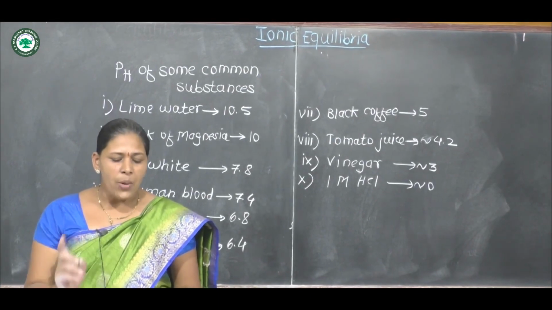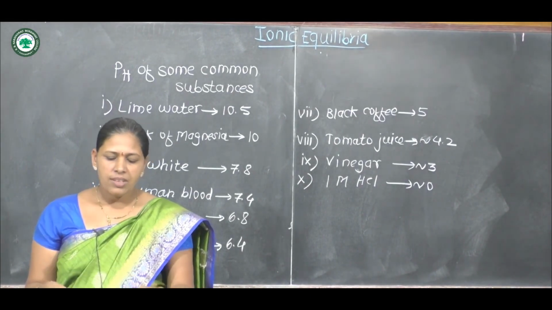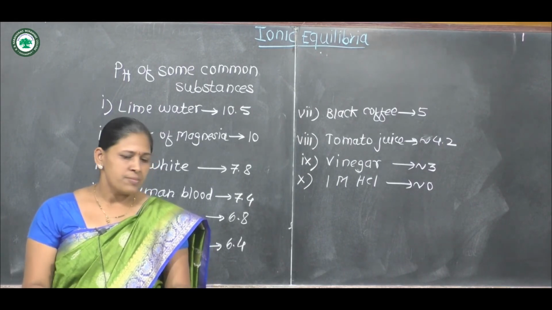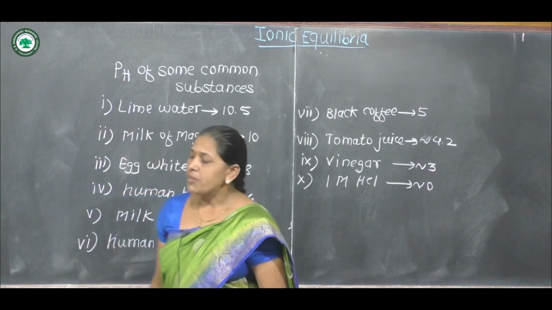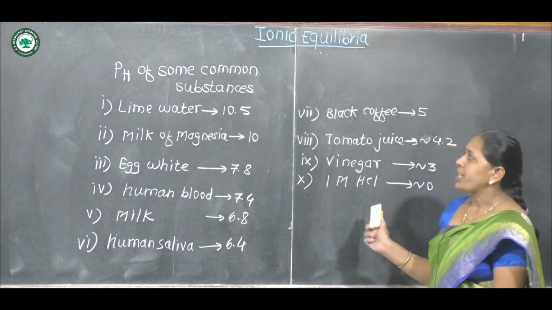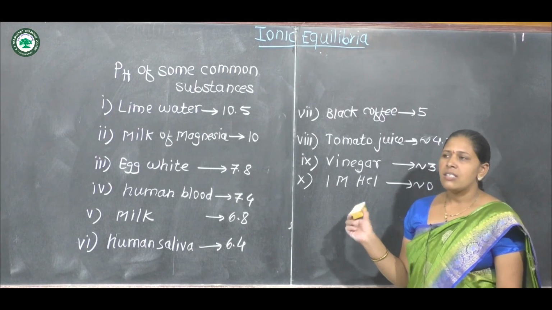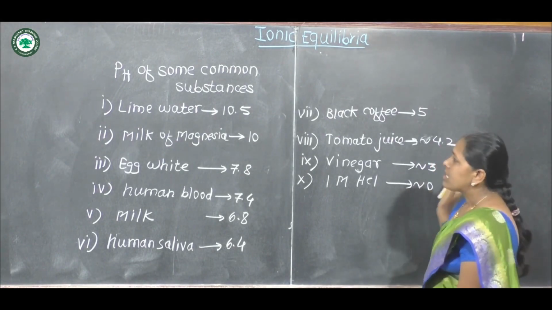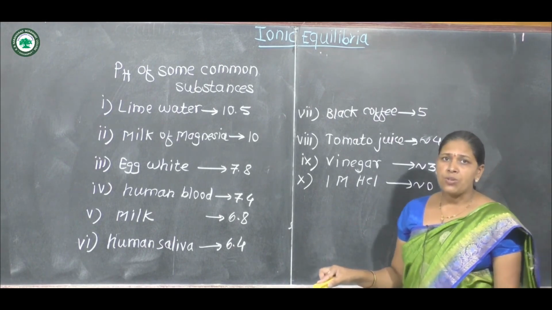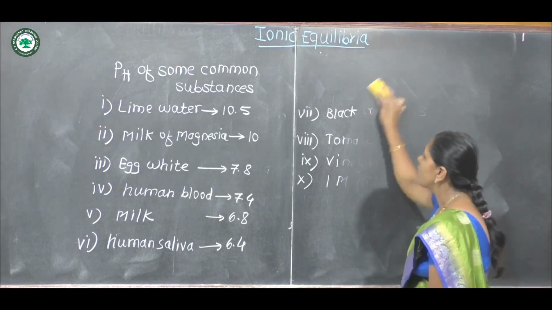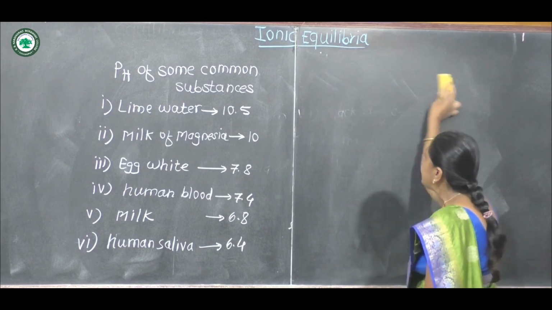It is nearly about 0. These are some pH values for some common substances. This point is in your NCERT book. This is not in your state board book. This point is included in the NCERT book, which is important for NEET and JEE.